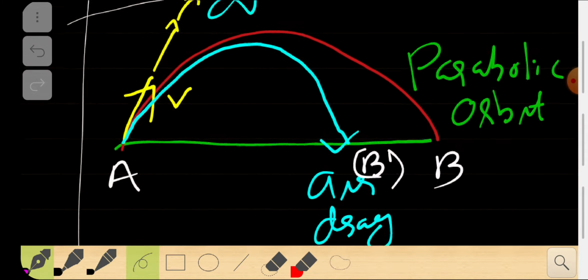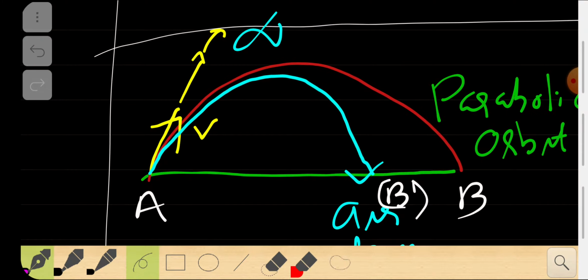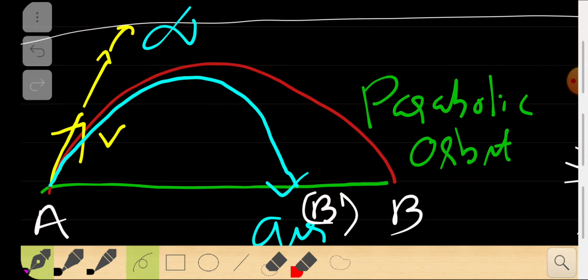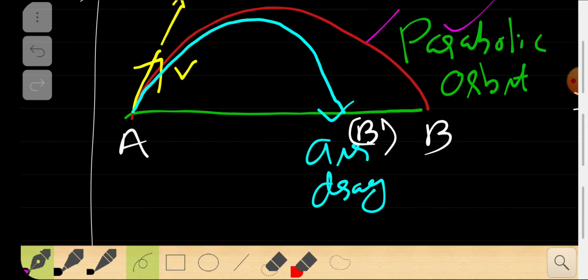Now if you look at those situations, you can see that one will go to infinity without gravity, one will take a parabolic path like that in the red line, and the other thing is air drag, right? There is always air in the atmosphere, and that air will cause some kind of resistance to the motion of the ball.